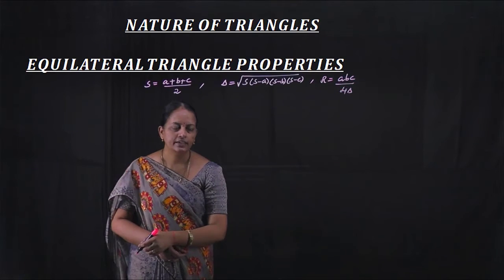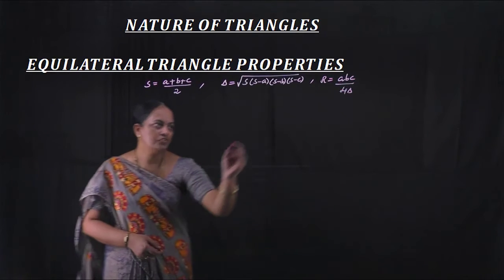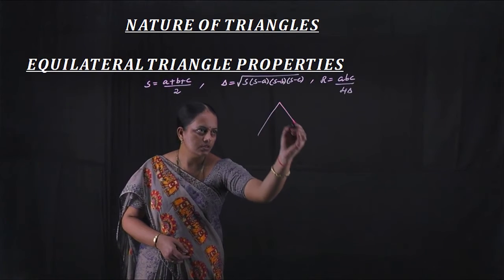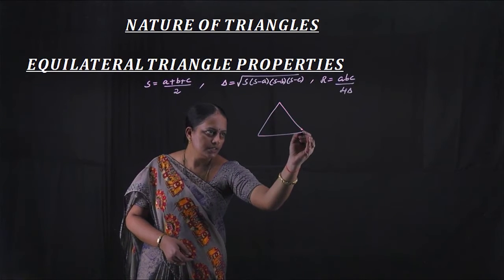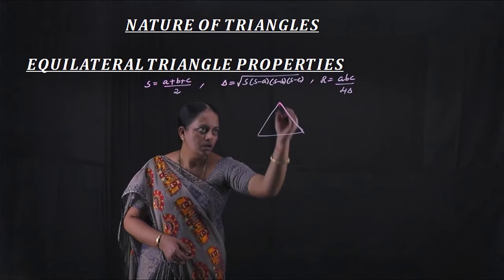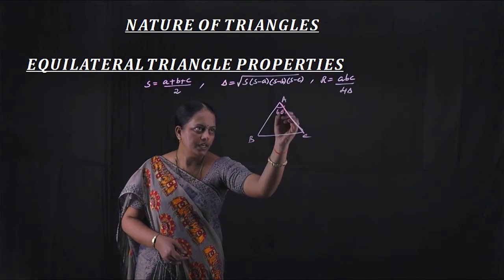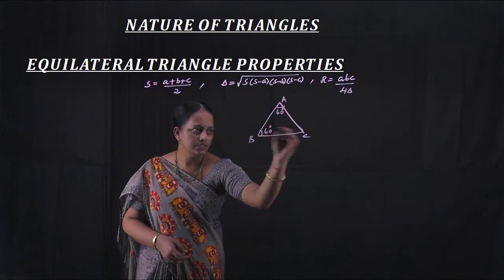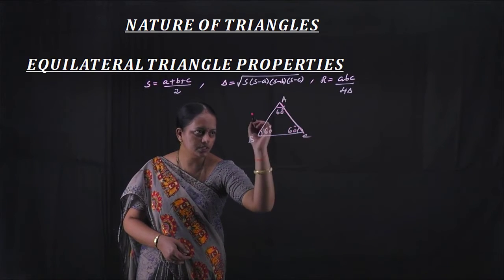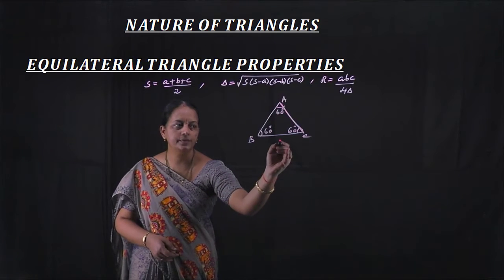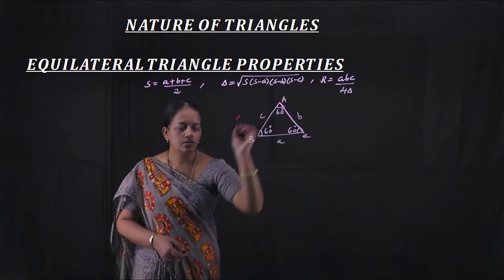Here we can take the triangle is equilateral, that means all sides are equal or all angles are equal. Angle A, angle B, angle C is equal to 60 degrees, and the sides AB, BC, CA are equal.